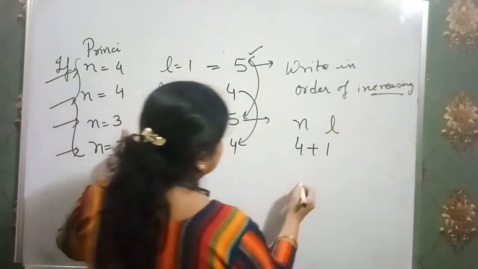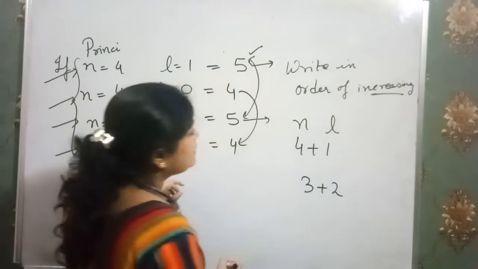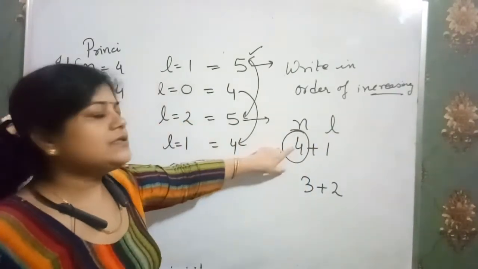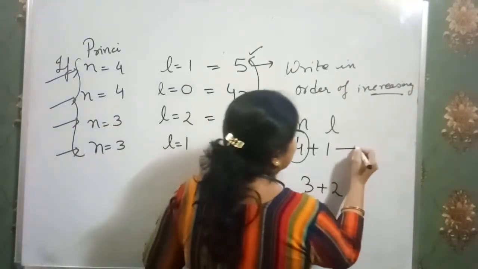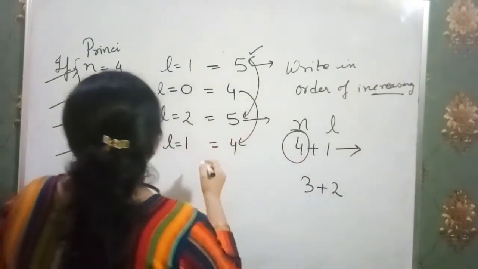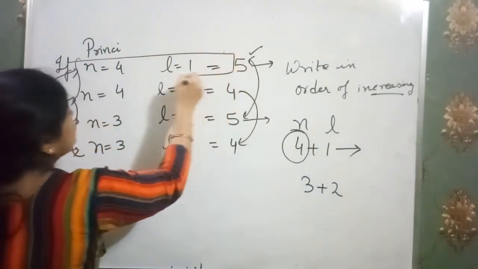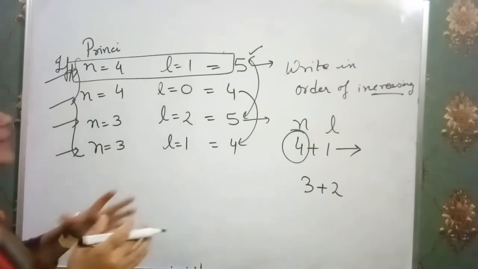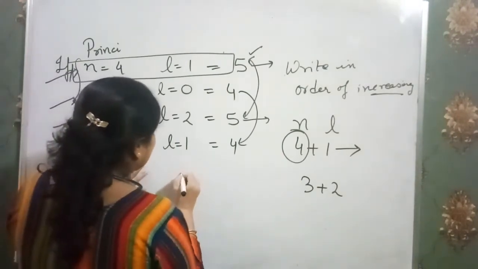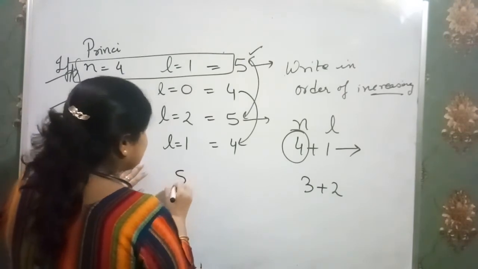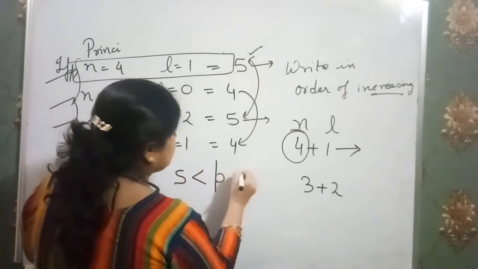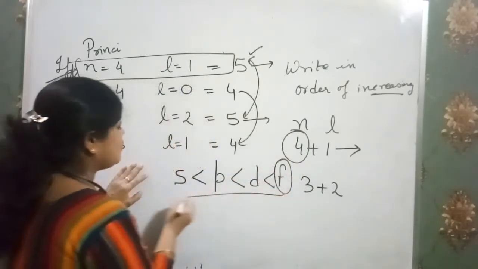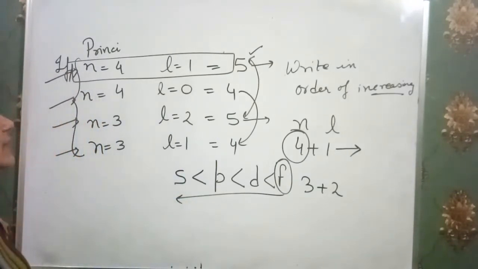Now here we have 3 plus 2. Then the set which has the higher n value, that is 4, has the maximum energy. So this set, n is equal to 4 and l is equal to 1, has the highest energy level. One thing more I also want to add in this question: s, p, d and f. f has the maximum, and this is the order of increasing energy levels.